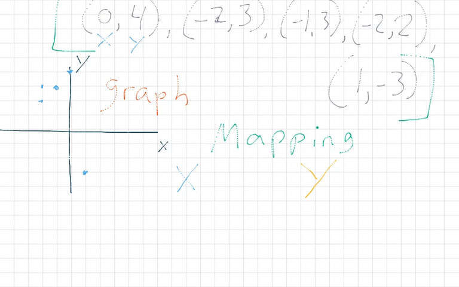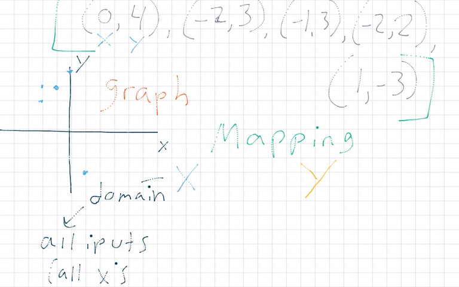So my domain, I haven't defined that yet. So domain is another word you'll have to know. So domain, as in DOMAIN. That's the entire set of all inputs. So domain is all inputs. That's just all x's, basically.